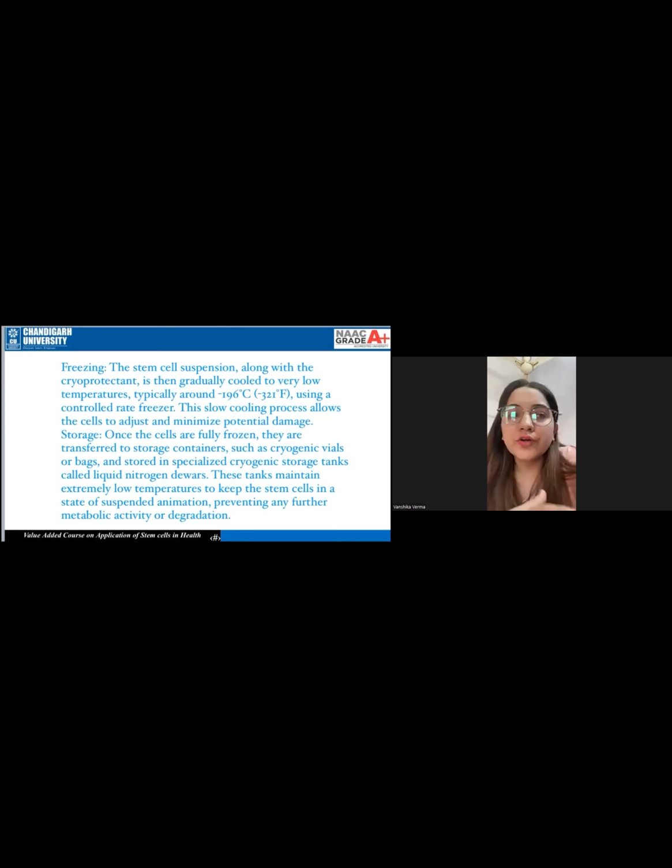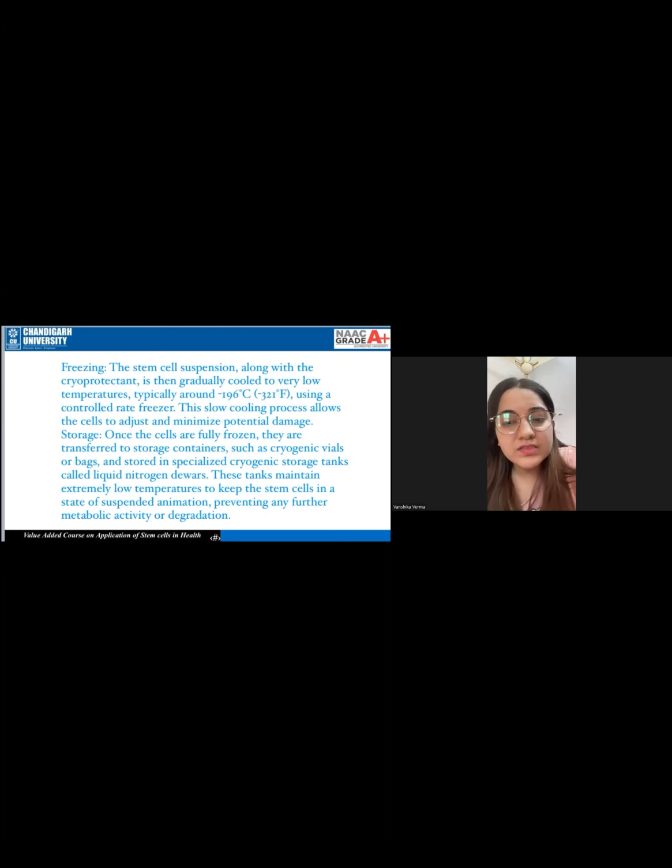Before the requirement, there is a whole lab where the proper storage procedure is done. Same here also: once the cells are fully frozen, they are transferred from the storage containers to vials and bags, and they are specifically placed in what are called nitrogen gas dewars.